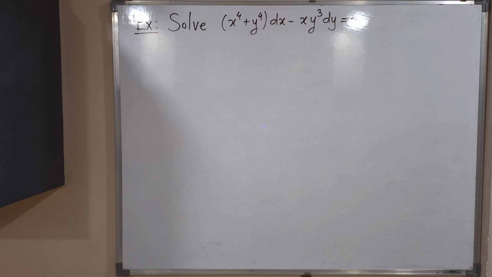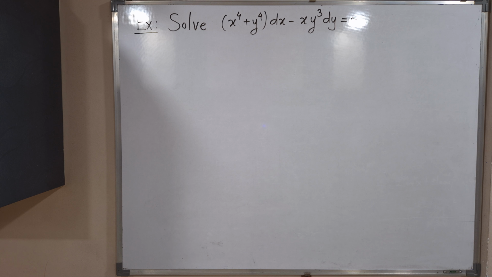That means this is an exact differential equation. We multiplied the given differential equation by this integrating factor, so we get an exact differential equation. Let me note down our new m, the multiple of dx. That is our new m.